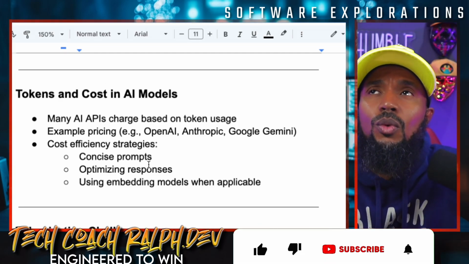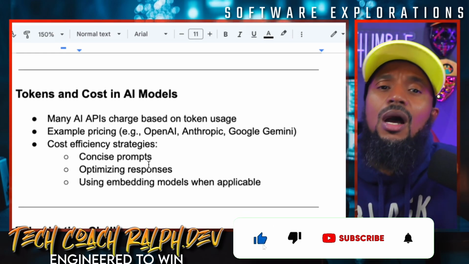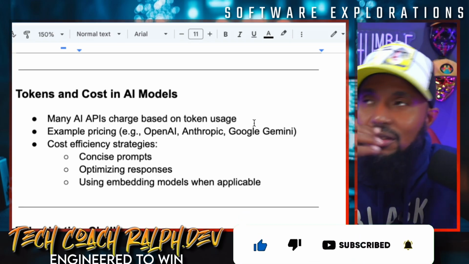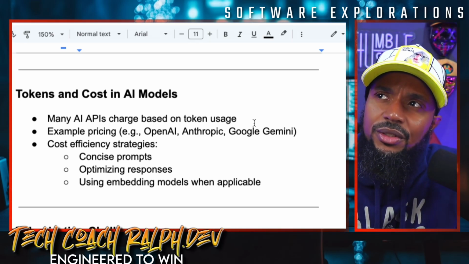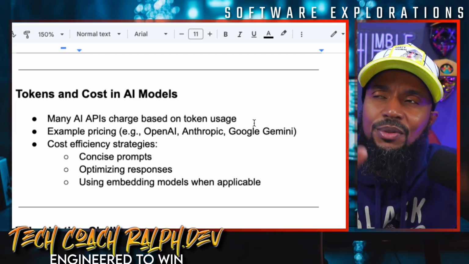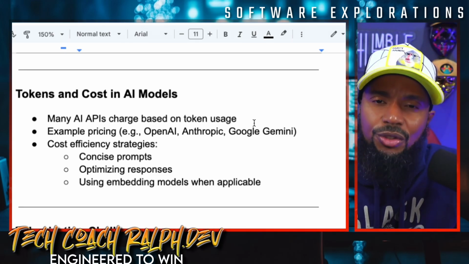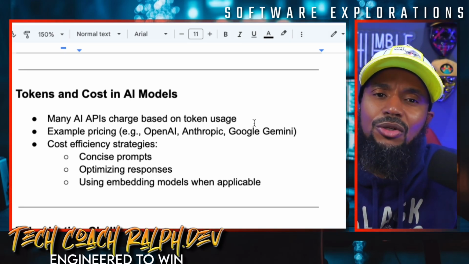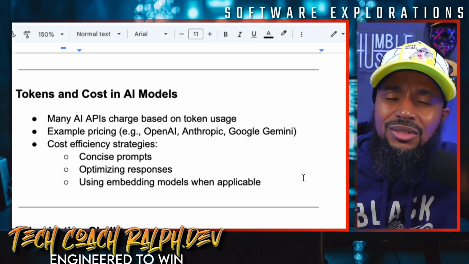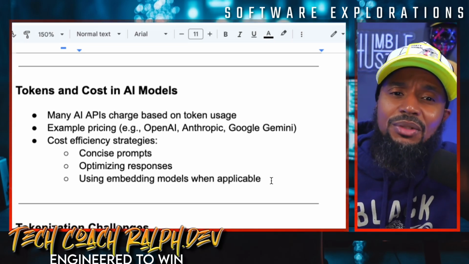So we should work on being more concise with our prompt and optimizing the responses that we get. Optimizing the responses would be in your system prompt, possibly saying, all right, this is what I'm looking for in my output, so you don't get too much back. You only specifically say what exactly you're looking for, and use embedding models when applicable. I'm not too familiar with embedding models yet, but that's something that we definitely have to look into.